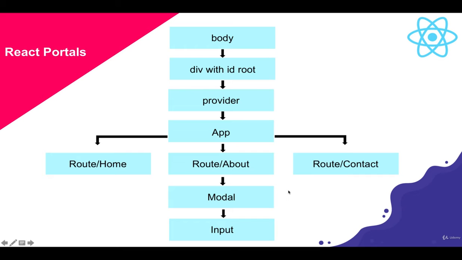So this modal is going to be wrapped by maybe two or even three divs inside of the about component, or maybe even another div inside the app. And every one of those divs can have a certain amount of styling being applied to it. So let me just quickly show you what I mean.